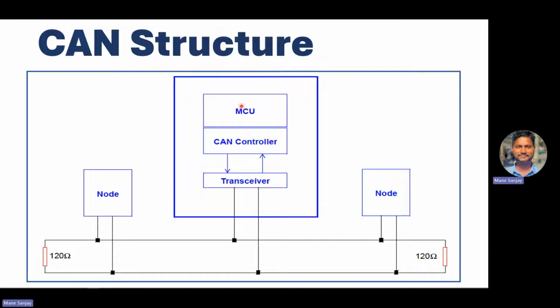So this is how it looks: the main microcontroller unit, CAN controller, and the transceiver are all inside this node. I'm referring to the node here as an ECU. And this communicates with this CAN bus, and these are the termination resistors. So this is a CAN structure basically, sometimes called a CAN network, showing how the different ECUs communicate in the network.